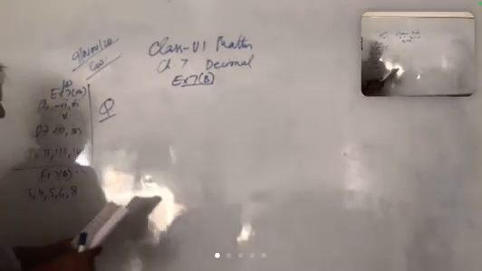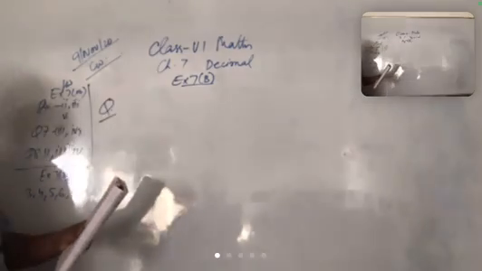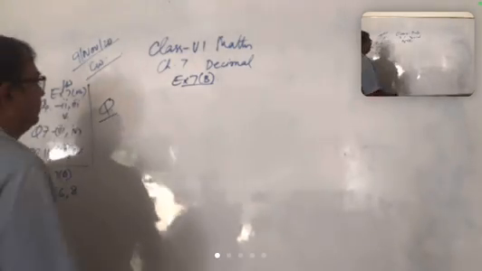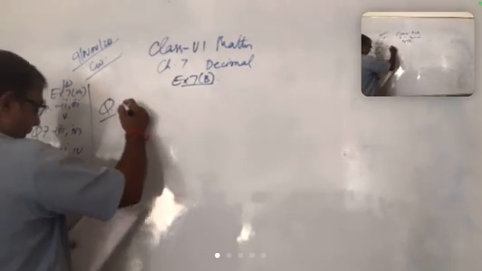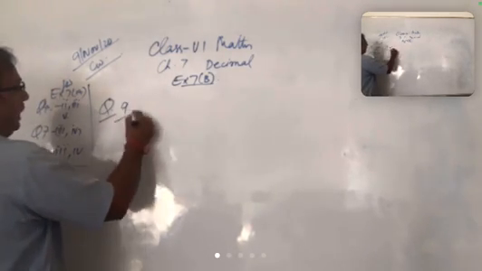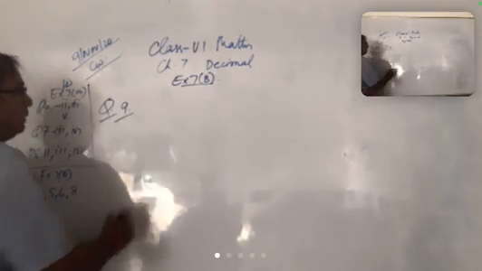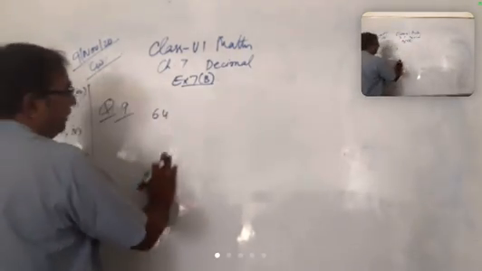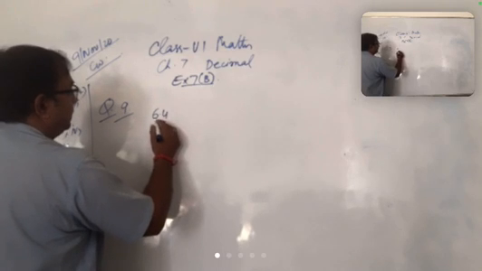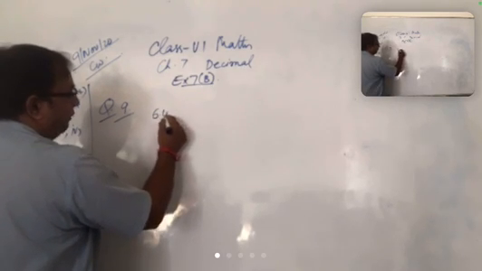After that, question number 8: convert each of the following as a mixed fraction. So this means in this question we will get a fraction. Question number 9: now the question is 6.4. How do we get the mixed fraction? First, this is 6.4 tenth.